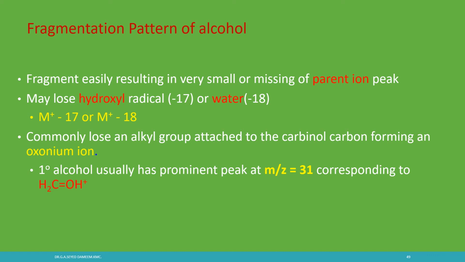Alcohols commonly lose an alkyl group attached to the carbinol carbon, forming an oxonium ion. A primary alcohol usually has a prominent peak at m by z 31, corresponding to the ion CH2=OH plus, which indicates a primary alcohol in the mass spectrum.